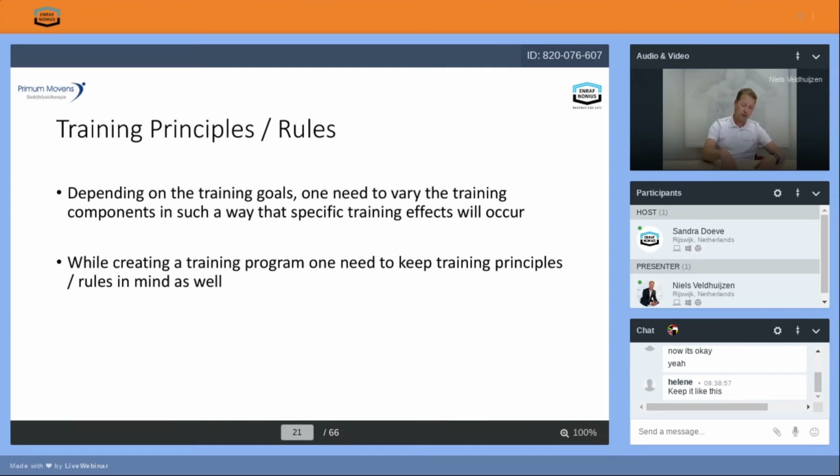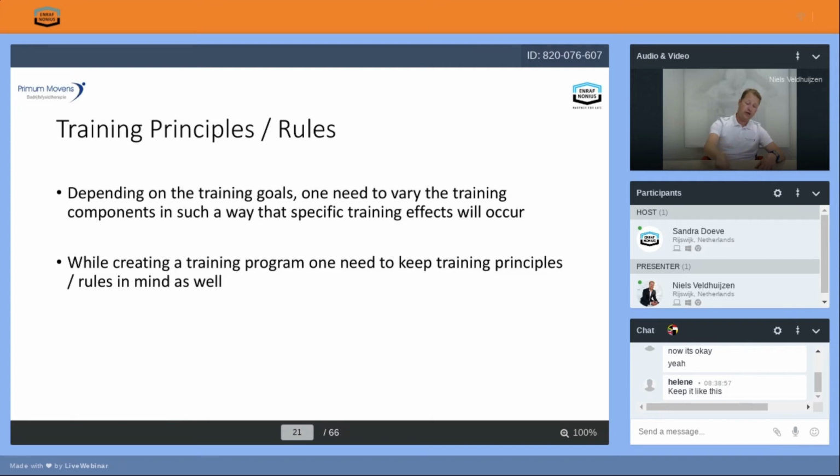You do your assessment, you do your intake, and you search for the disturbances in either range of motion, or in strength, or endurance, or you look for deficits in the performance of the patient, and you determine your goal for your training.